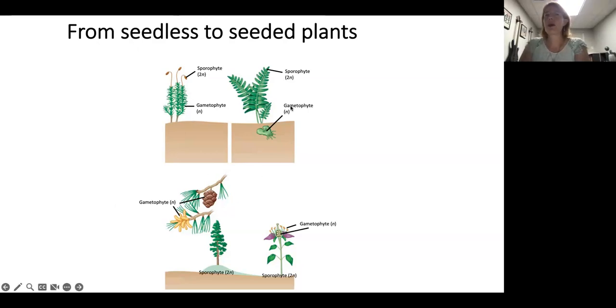And then next to it, we have a fern. These are seedless vascular plants, so they have roots, they have the ability to transport water, but they still just reproduce by spores. So both of these groups are dependent on water for reproduction.